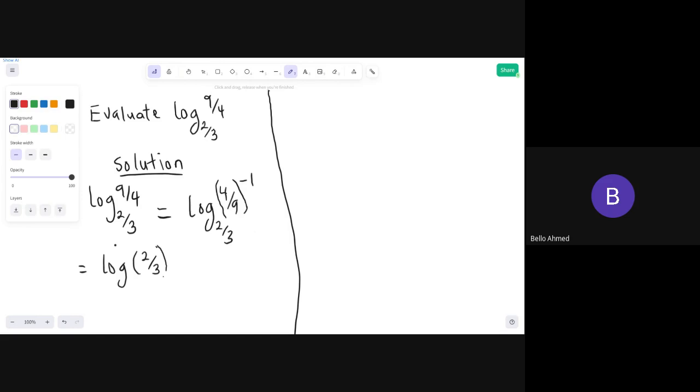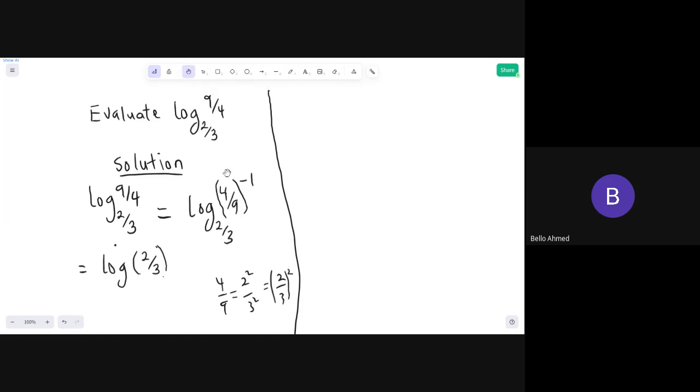Now, don't be confused, please. Let me quickly show you this. Because 4 over 9 equals 2 over 3, the whole thing raised to the power of 2, and the power is going to be outside, which is 2. But don't forget that there was already a minus there, so we are going to multiply it.